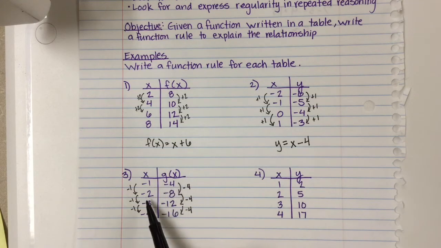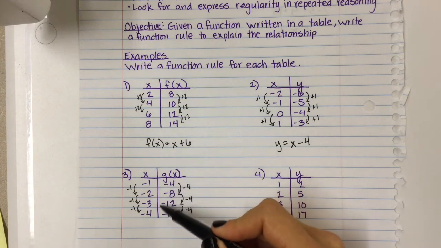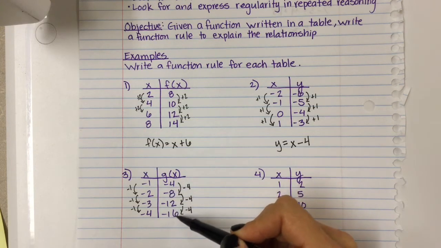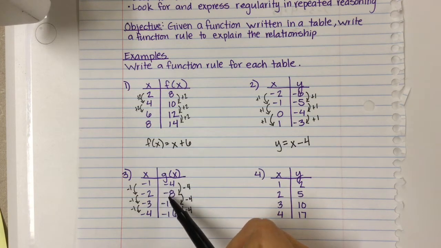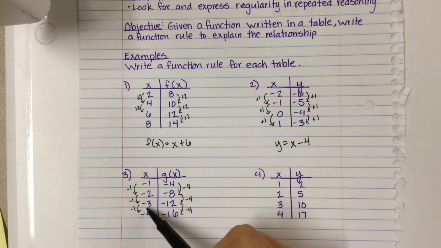-1 is going to -4, -2 to -8, -3 to -12, and -4 to -16. You might start to notice all these numbers here are multiples of 4. So let's see what happens if I multiply by 4. -1 times 4 is -4. -2 times 4 is -8. -3 times 4 is -12, and -4 times 4 is -16.